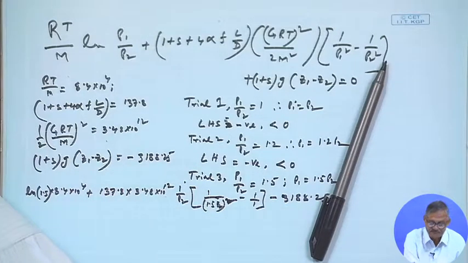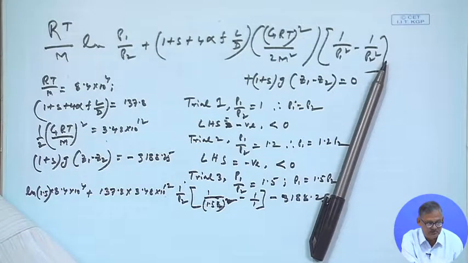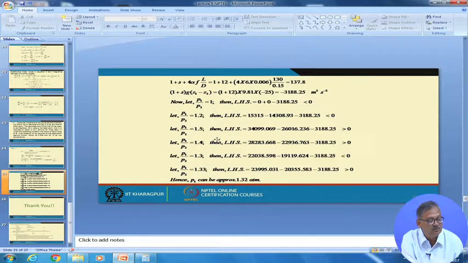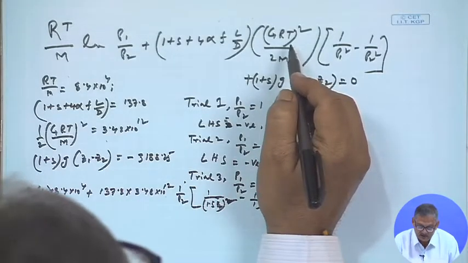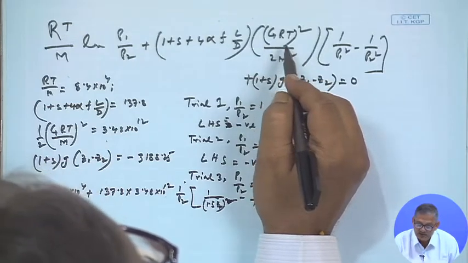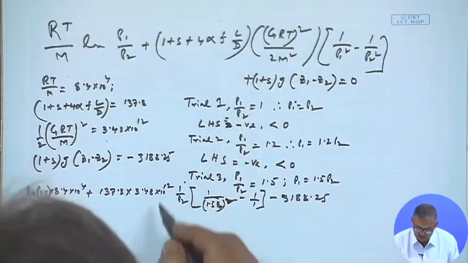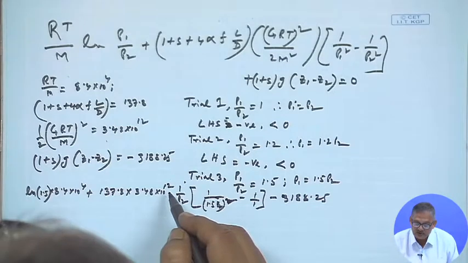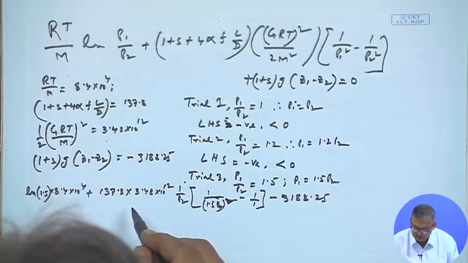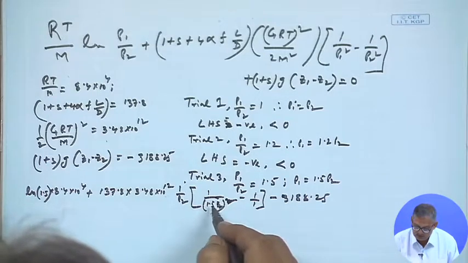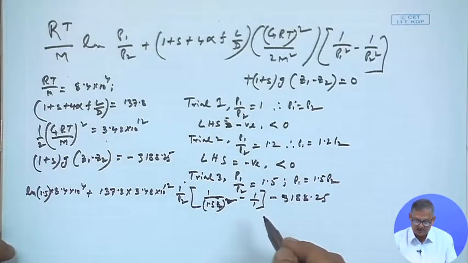If that be true, so we had this G R T by this thing as 10 to the power 12, so it was 137.8 into 10 to the power 12, into 1 by 1.5 square minus 1.